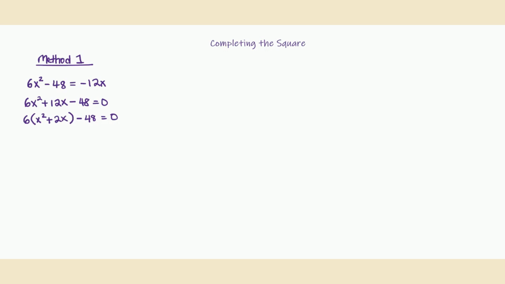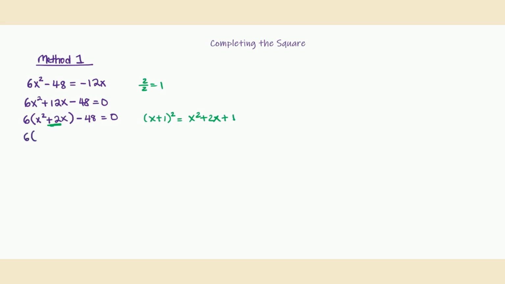So let's complete this square. Now that it's factored, this is now what we divide by 2, not the 12. So to find out what perfect square we'll be working with, we're going to take this positive 2, divide it by 2, and that is just 1. So our perfect square is x plus 1 all squared, which when multiplied is x squared plus 2x plus 1. Now let's add in 1 to complete the square.